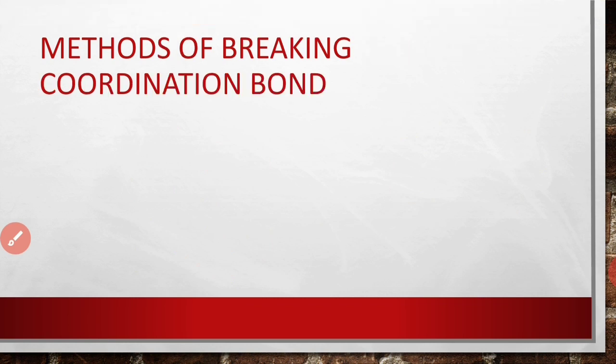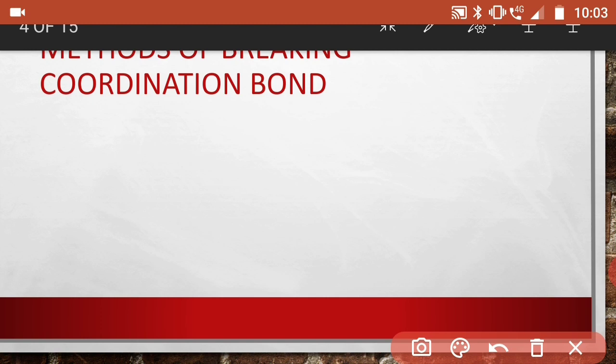Next, let's see how we can break a coordinate bond. To break the coordinate bond, let us take an example A, B. Here A and B are bonded by a coordinate bond, that is the sign of the coordinate bond.